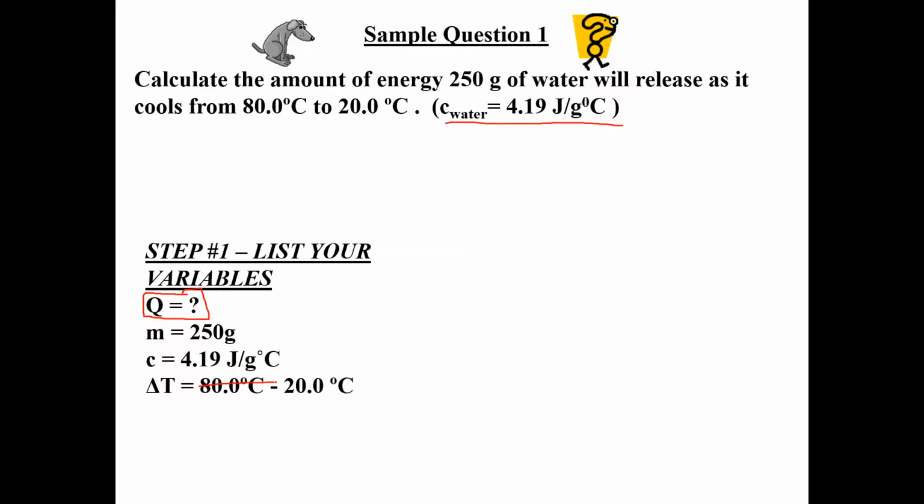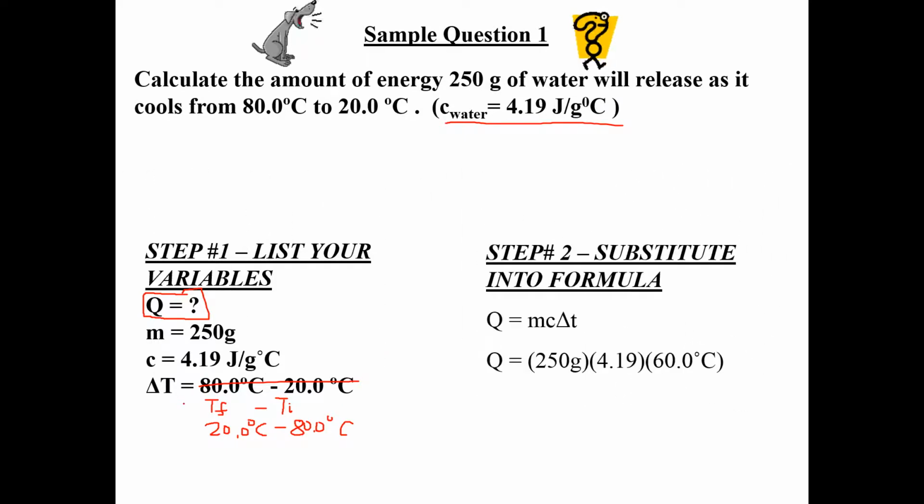Change in temperature is from 80 to 20. I would write T final minus T initial, so it's actually 20 degrees Celsius minus 80 degrees Celsius. This setup might make more sense for some of you. The reason I'm flipping it around is that the question says it's released, so you keep the number positive.